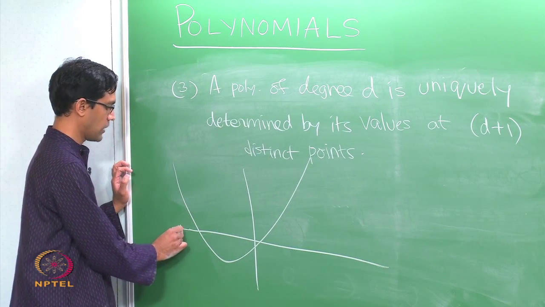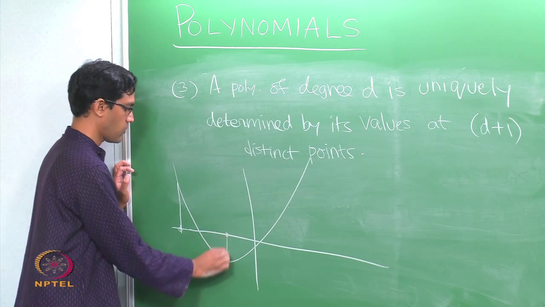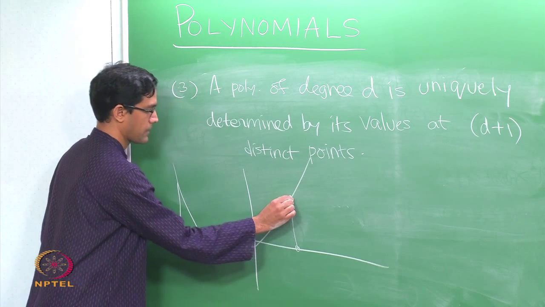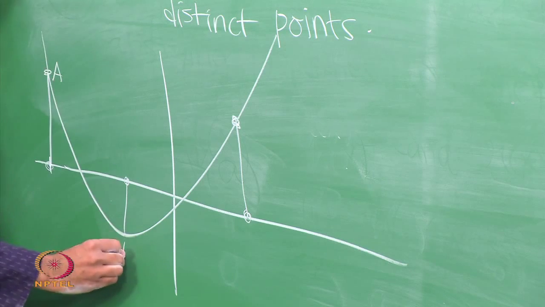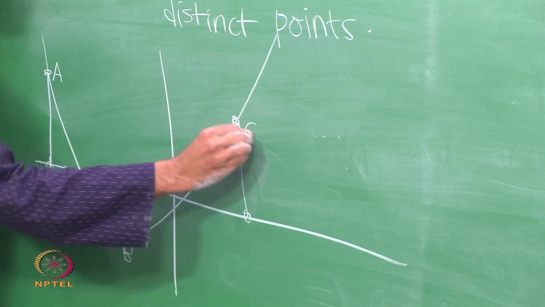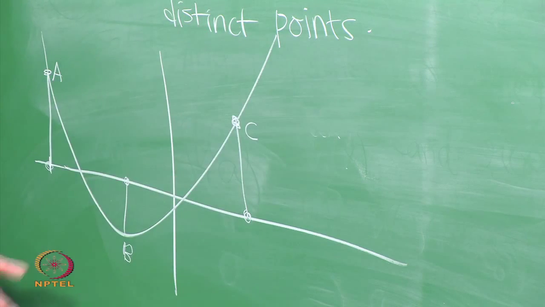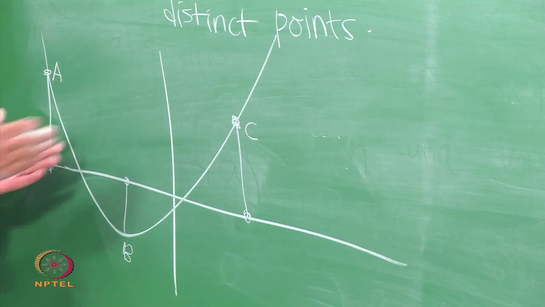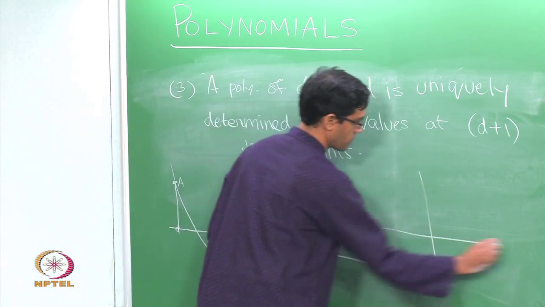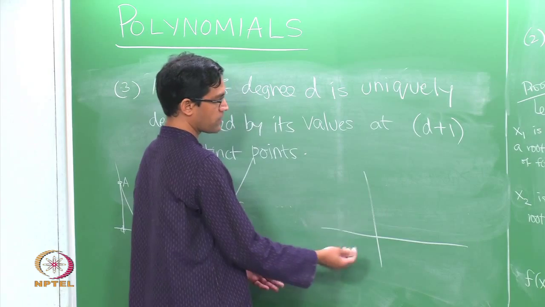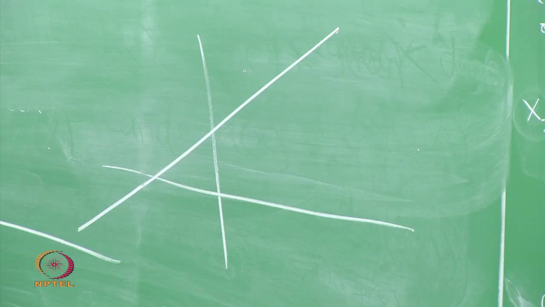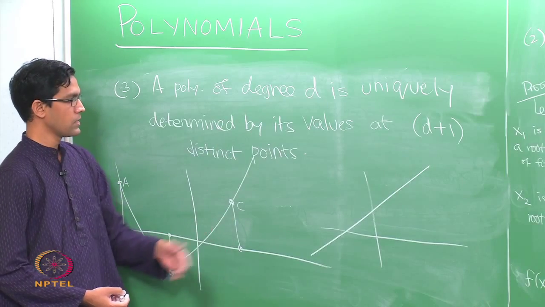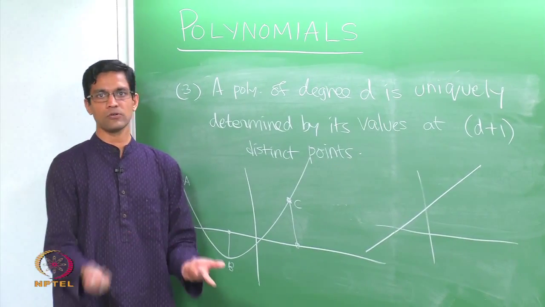So if I just tell you the value at this point, the value at this point, and say the value at this point. So through these 3 points here, let us call them A, B and C, there is a unique parabola passing through the points A, B and C, okay. So a simpler version of this is, if I have a polynomial of degree 1, its graph is a straight line, okay, and according to this, a polynomial of degree 1 is uniquely determined as soon as you tell me its values at 2 points.